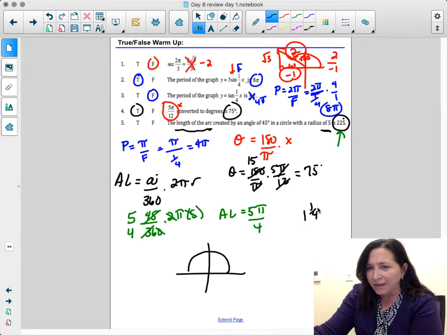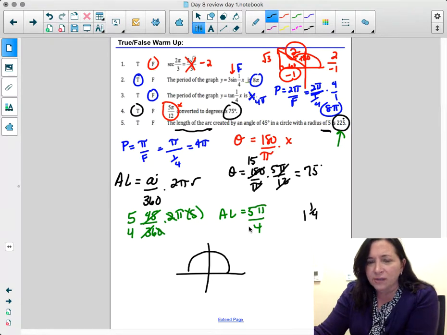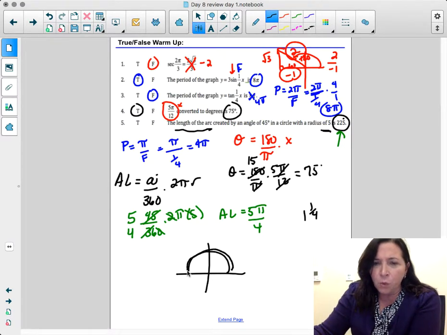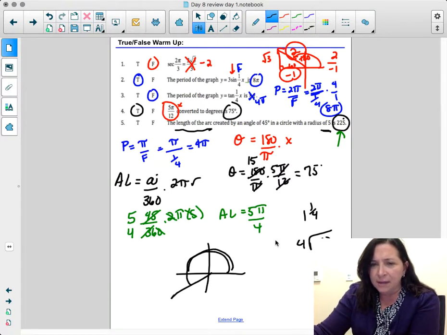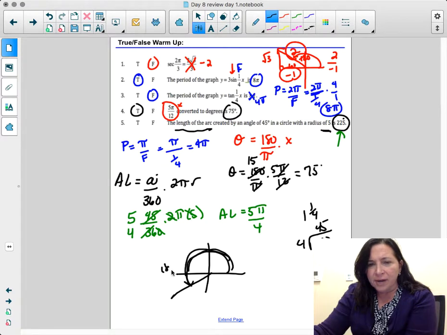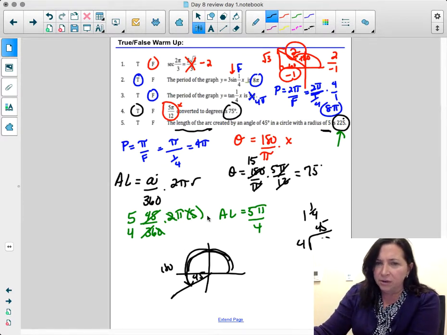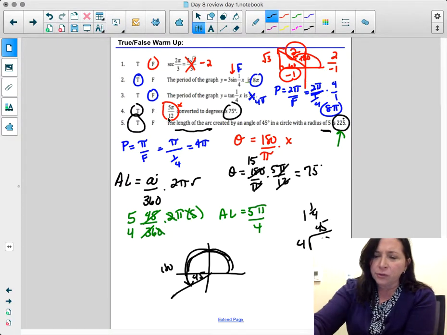Remember, we don't write it like that, we're just using that as a reference. Here's 1 and 1/4. Now, 1/4 of the way over, how many times does 4 divide into 180? Well, that's going to be 45 times. So we have 180 degrees plus 45 degrees, which is 225 degrees. So that's also true.